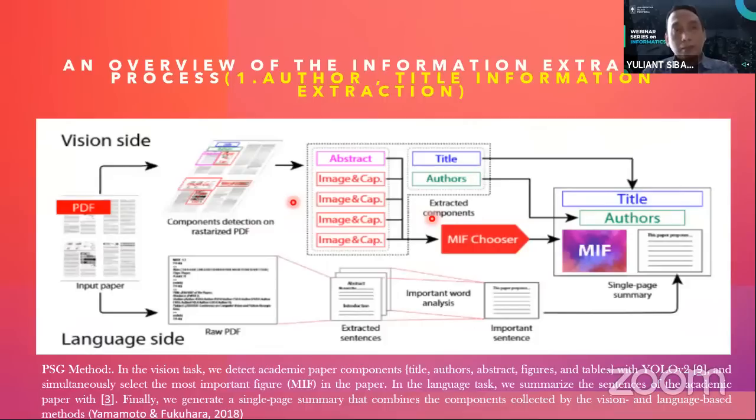We know the data set is research papers. In each scientific paper, we have to extract, for example, abstract, image, table, etc. Our system has to have the ability to extract these components.